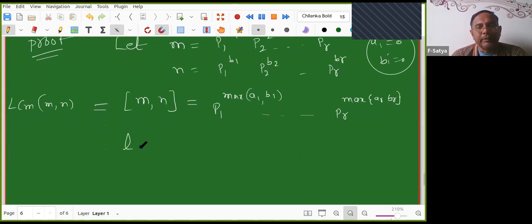I'll define two numbers, L1 and L2. How do I define them? L1 is the product of all PI power AI for those I where AI is greater than or equal to BI, and L2 similarly for BJ. Maybe I wrote it a little loosely, but I hope you understand.